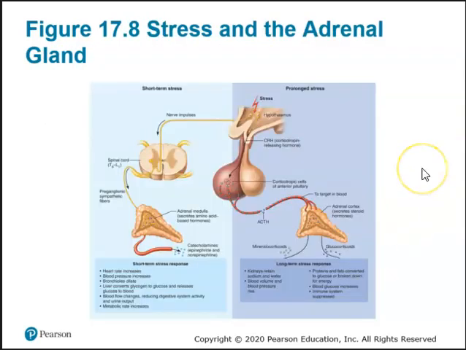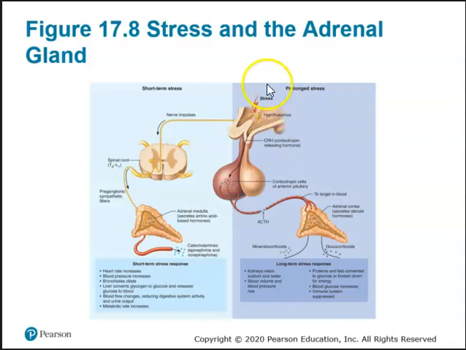Anyways, here is a figure that shows stress and the adrenal gland. We can see different responses to short-term stress and long-term stress. On the left side are our responses to short-term stress, and on the right side our responses to prolonged stress.